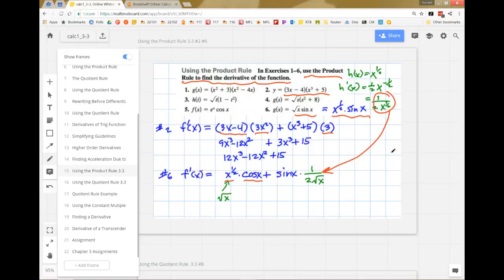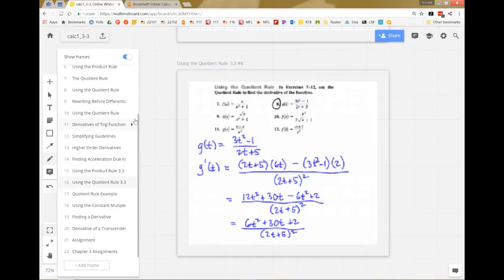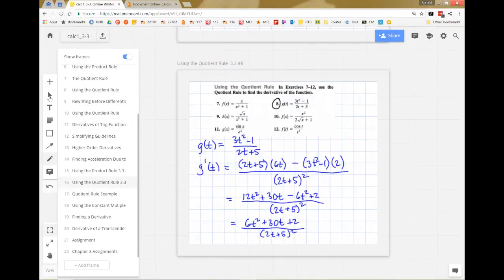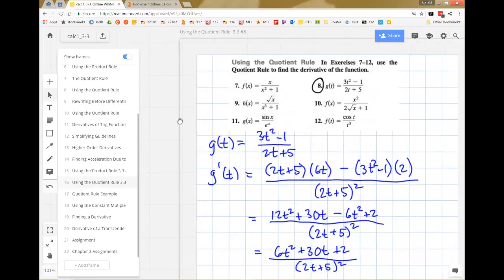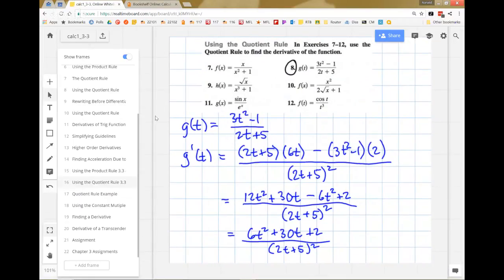Let's see if I have any other questions here. Okay, let's try the quotient rule. Again, this is right from the assignment. So I work on number 8: 3t squared minus 1 over 2t plus 5.